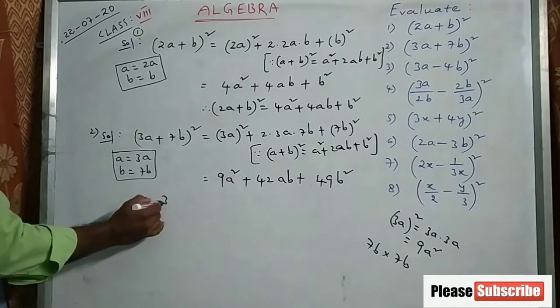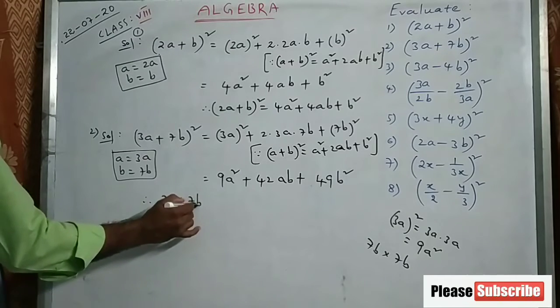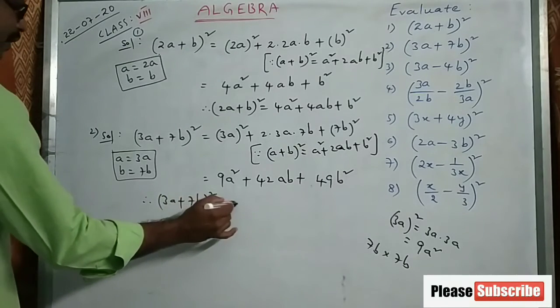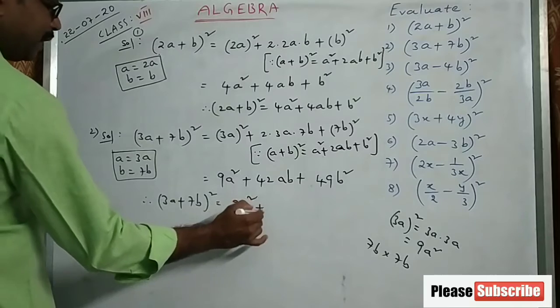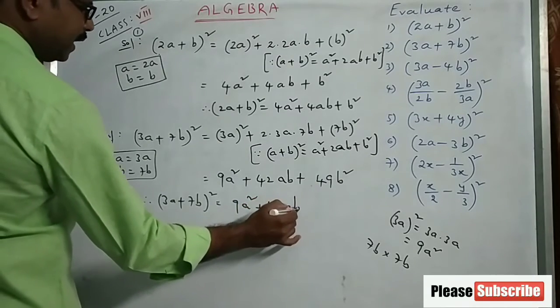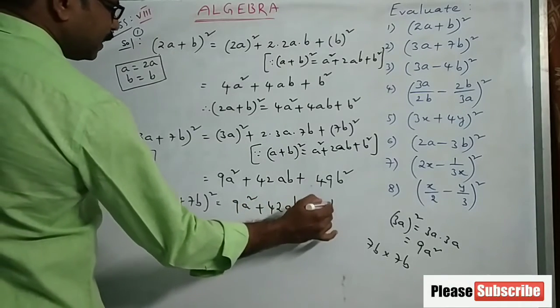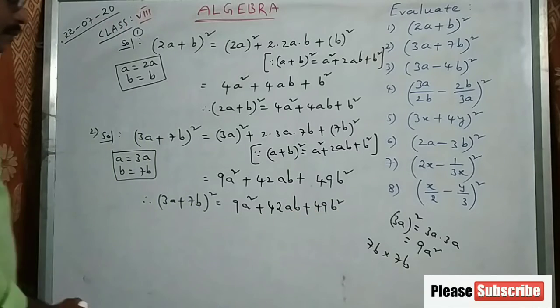That's all. (3a plus 7b) whole square equals 9a square plus 42ab plus 49b square. That's all the solution. Okay?